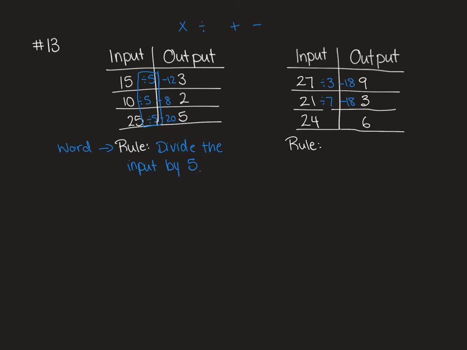And to get from 24 to 6, I could divide it by 4, 6, 12, 18, 24, or I could subtract 18. Well, this is the only one that's the same. So my formula or my rule needs to be subtract 18 from the input number.